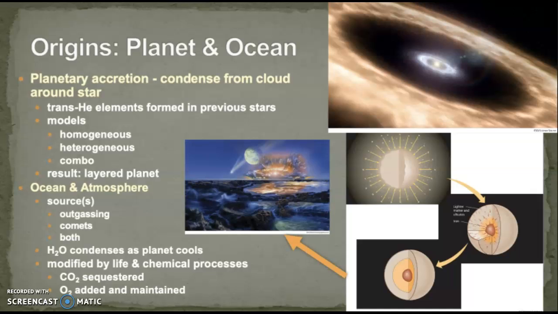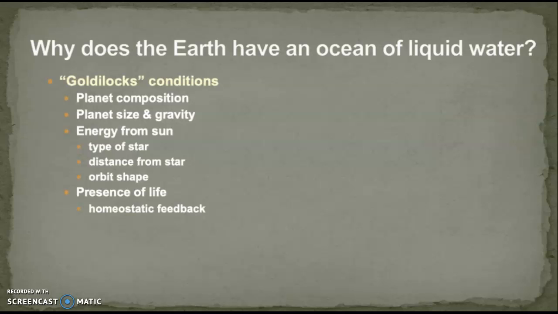But once oxygen gets added to the ocean and the atmosphere, that iron forms a solid molecule when it combines with oxygen and then settles out and is taken out of the system. Carbon dioxide is sequestered by living organisms as well as by chemical reactions, and that gets us to the ocean that we have today.